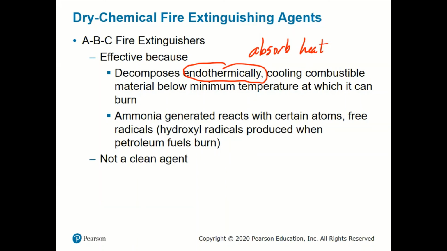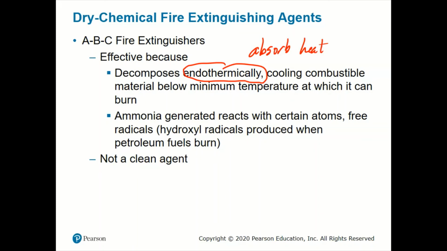The other part is that the ammonium ion will generate ammonia on its decomposition. And ammonia is a particularly reactive gas that can create free radicals. And we talked about free radicals on Wednesday.